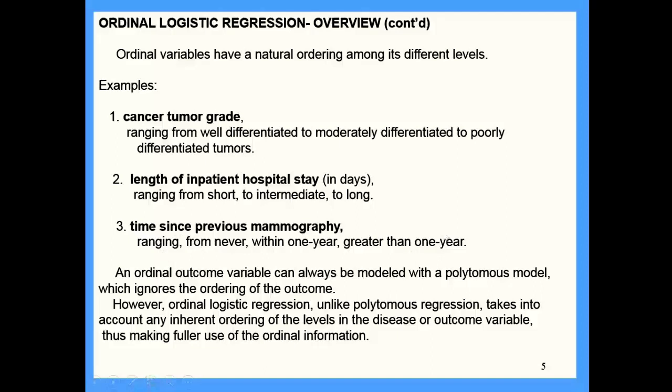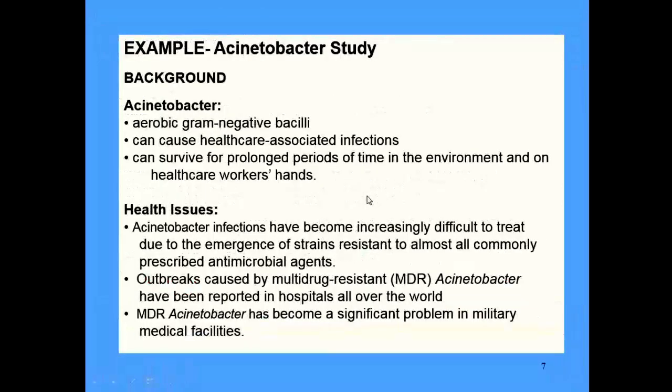So if either one of these things are your outcome, you might want to do ordinal logistic regression, but as I say here, you can always model using Polytomous logistic regression, but you're not getting the extra stuff you get in terms of efficiency and statistical stuff that you get when you use ordinal. Something else you don't get, but I won't be talking about that until next time. Now, let's talk about this example.